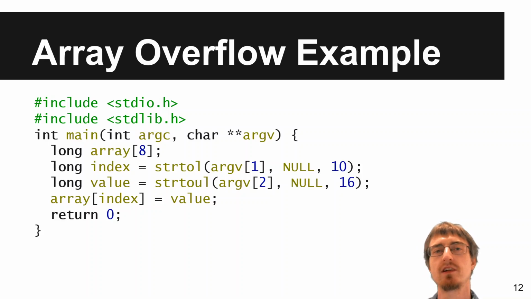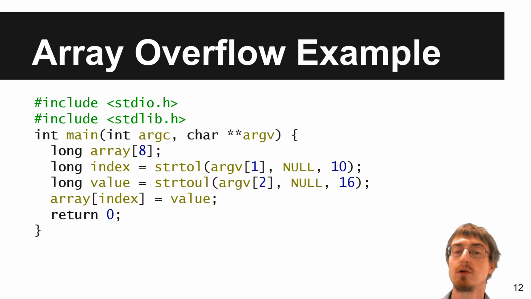Here we have a very simple example of a different class of buffer overflow attacks than what we've seen so far. This is an array overflow. It should be fairly obvious, I think, what is happening here and why this code is vulnerable. So we have input from the user, which are the arguments.